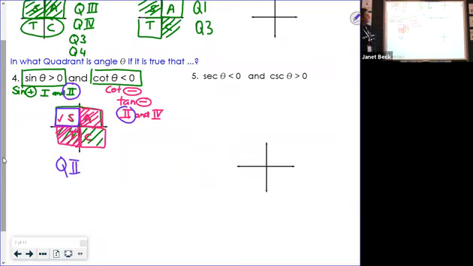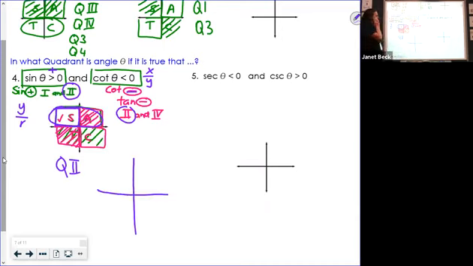You could have done this simply by looking at positives and negatives. You could say sine is y over r, and if it's positive, greater than 0, where is y positive? These 2. And then cotangent is x over y. And if a cotangent is negative, either the x is negative or the y is negative. You can actually do the whole thing.